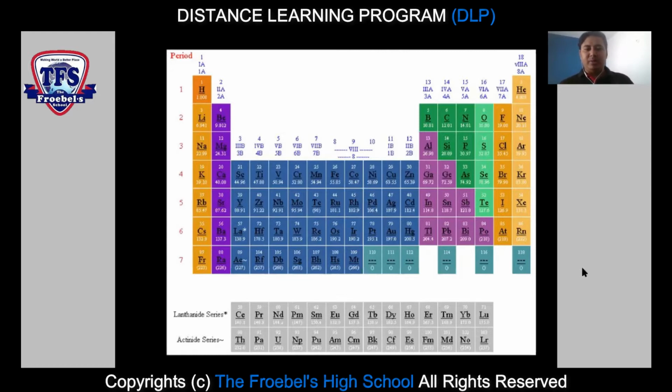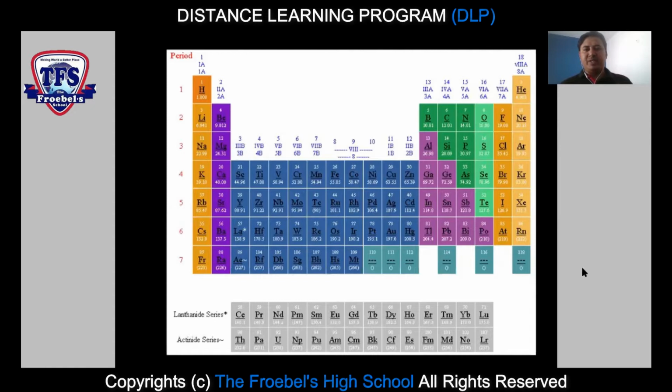So there is a periodic table, which is the modern periodic table, and all the elements in this periodic table are divided into different categories: groups, blocks, and periods.